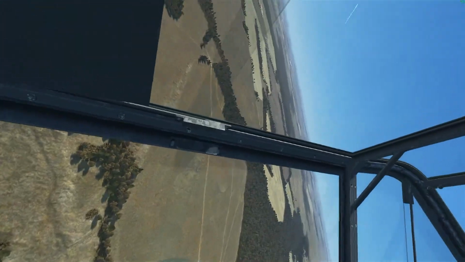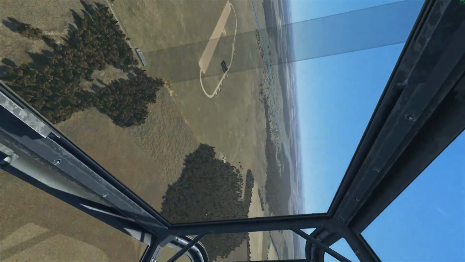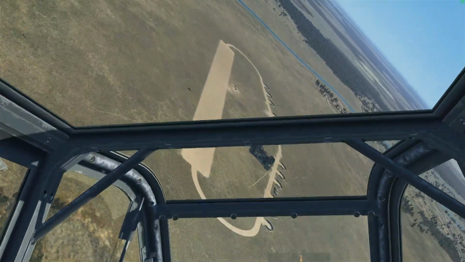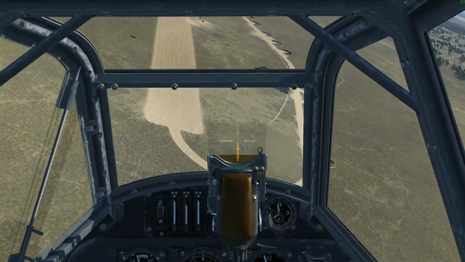Wing over here. And I'm going to do one more strafing run. And there's my exit route, straight towards those trees, around the trees, down the river, and home.